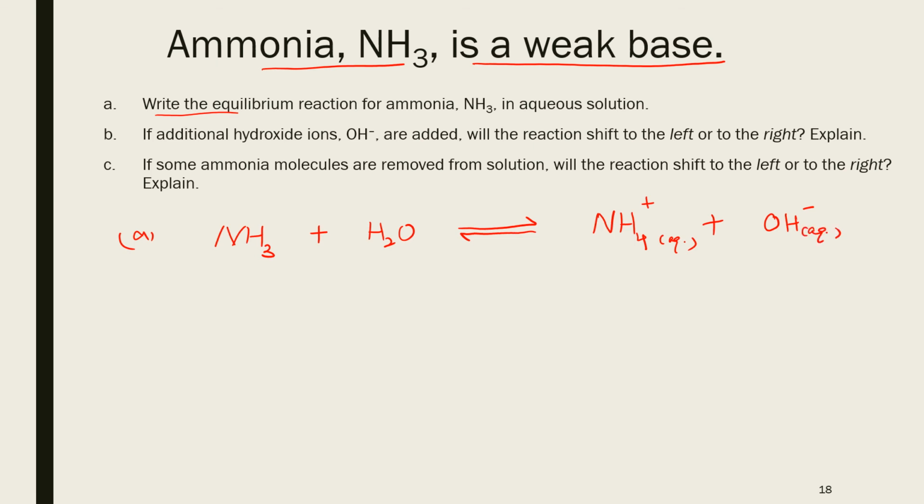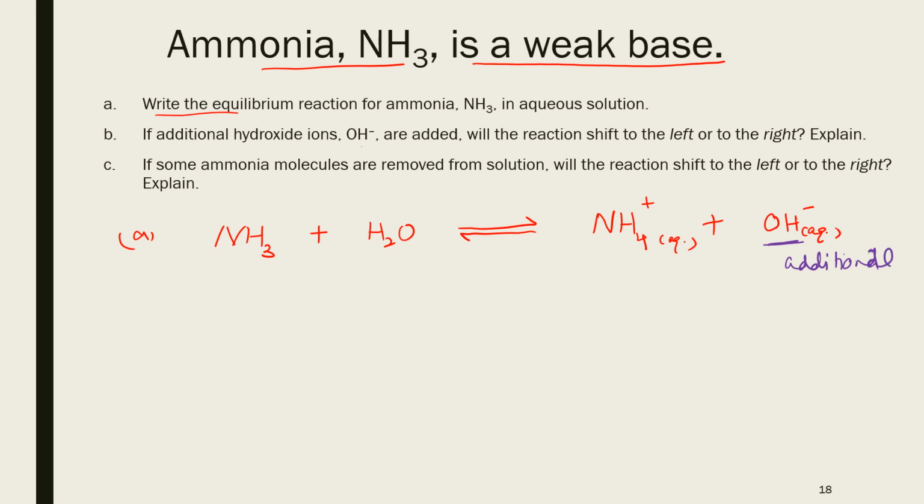Part B is, if additional hydroxide ions are added, will the reaction shift to the left or right? If we add additional OH, now OH is on the product side, so additional OH means that we are creating a disturbance on the product side.